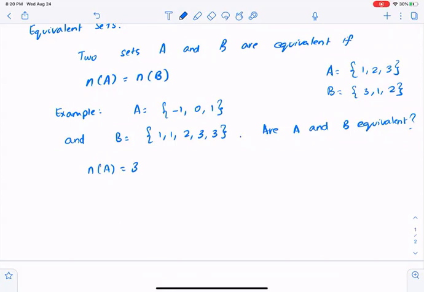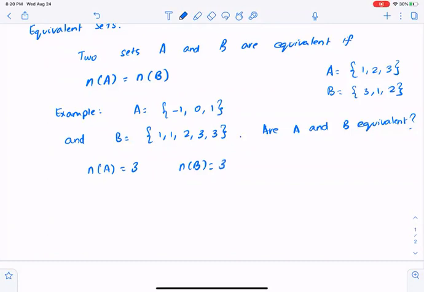Set A has 3 unique elements, -1, 0, and 1. Set B also has 3 unique elements, 1, 2, and 3. Mind you, we're not counting the number of elements, we're looking at the unique elements in the set.